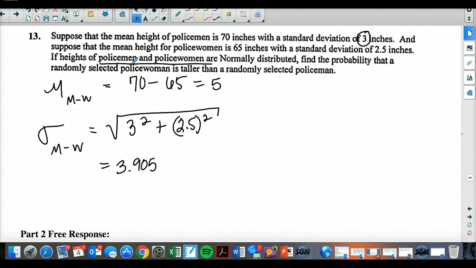Now, I'm going to draw this curve. 5 is what I expect. If the woman is taller than the man, what type of answer would their subtraction be? Negative. It's going to be at 0 or less.